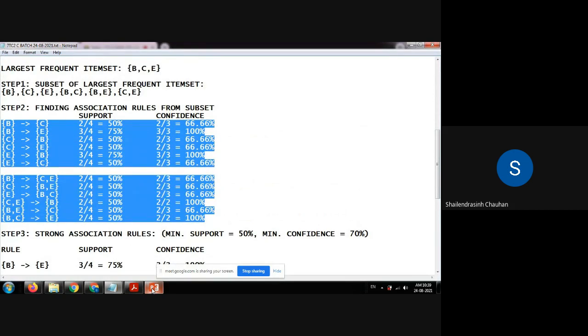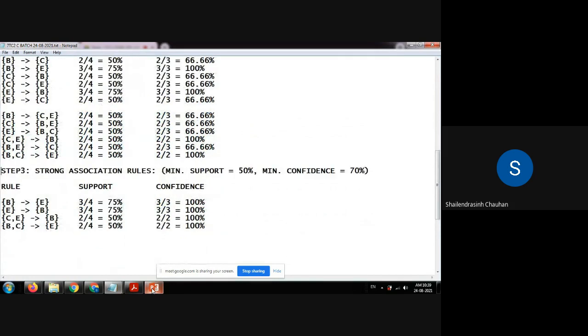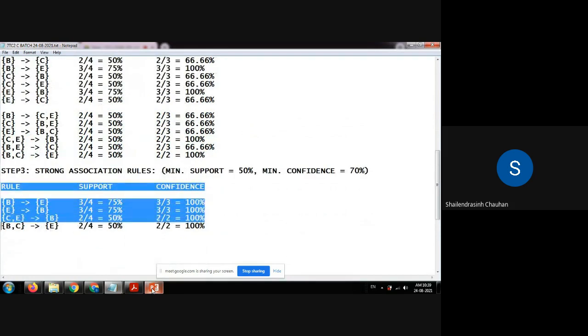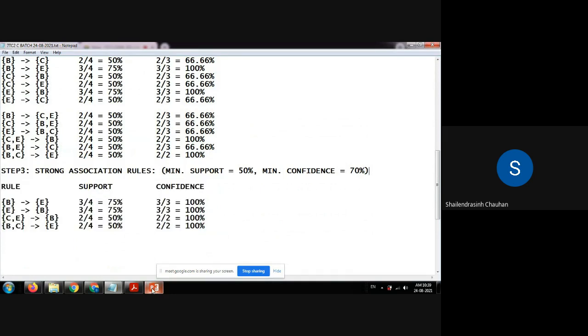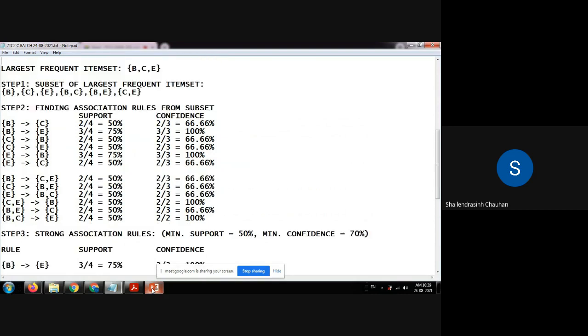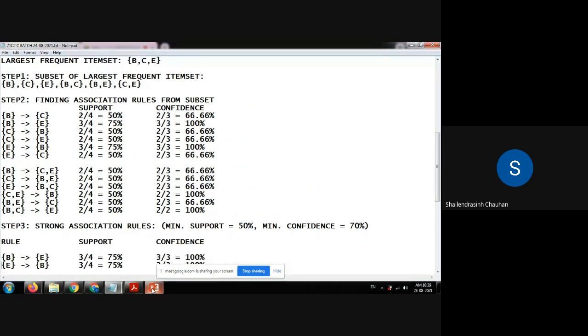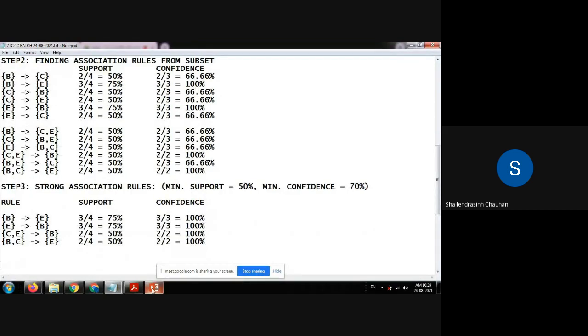If they are asking to find out strong rules, then apply minimum support, minimum confidence. If this is not given in exam, then you can assume also. If they are asking to find out strong rules, but they have not given minimum confidence or support or both, then you can assume it.